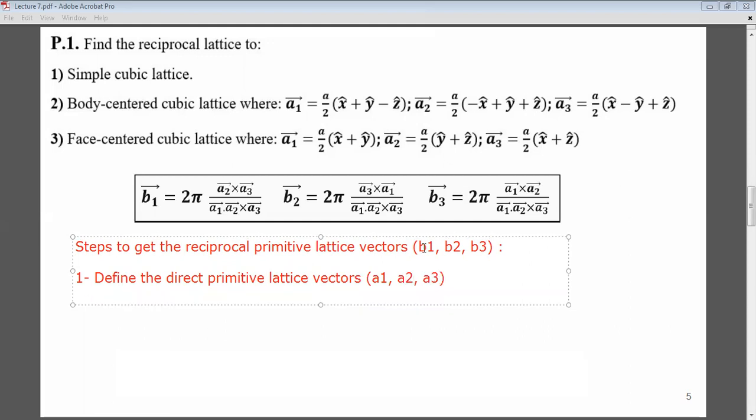Once you do that, you get A1 dot A2 cross A3. You get this because this will always be in the denominator.